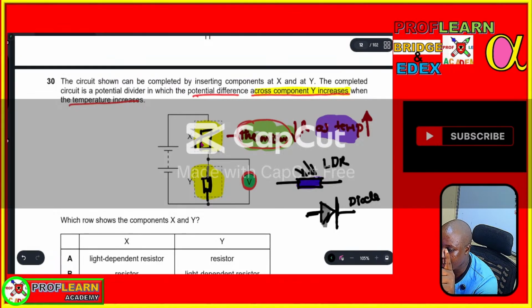When temperature increases, the thermistor's resistance decreases.